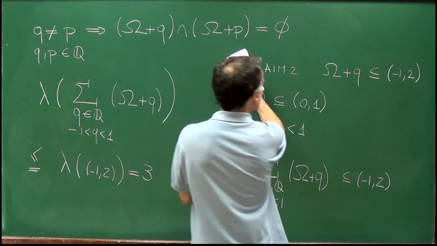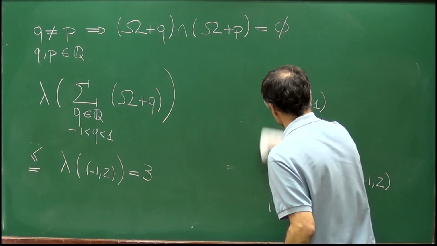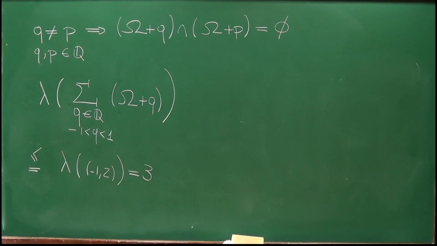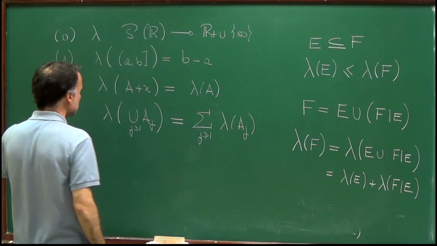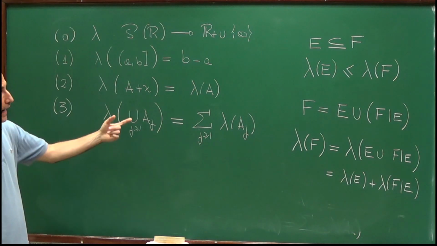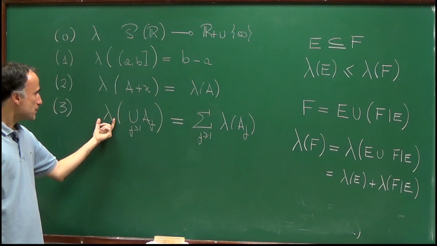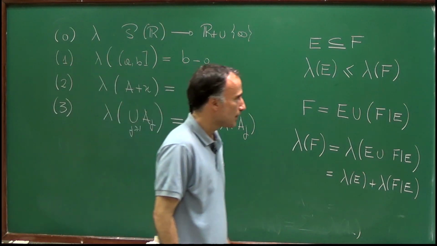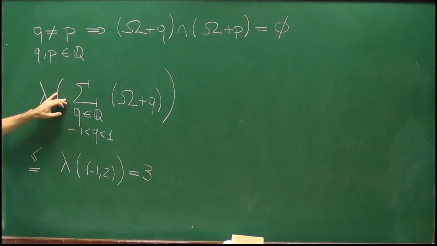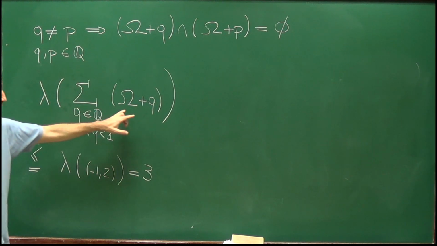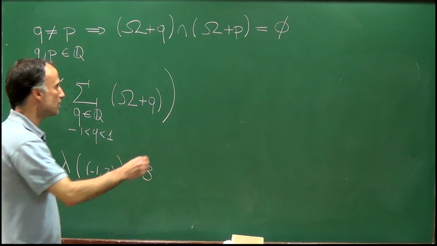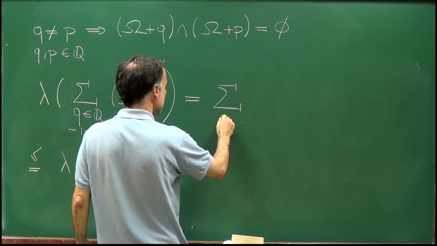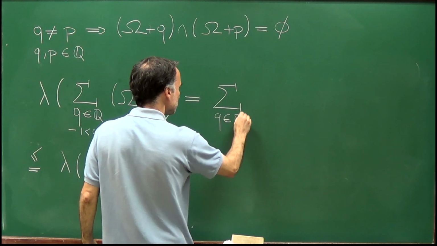On the other hand, by property 3 again, which tells us that the measure of a disjoint union is equal to the sum of the measures, applying this property 3 to these sets, which are disjoint two by two as we have seen, the measure of this union is equal to the sum of the measures.